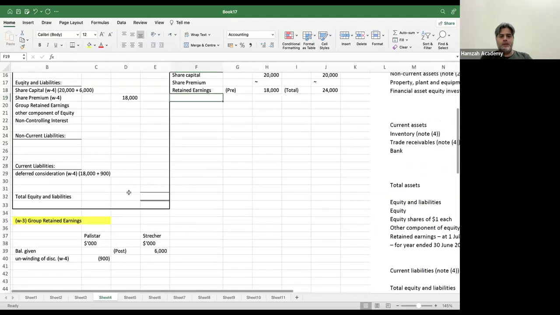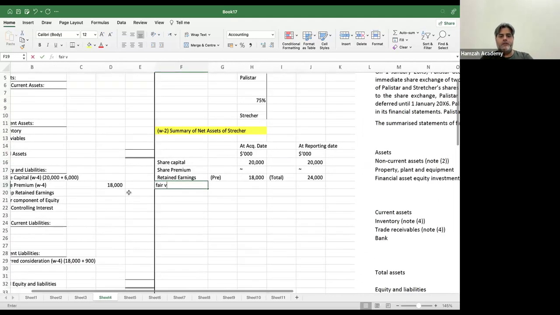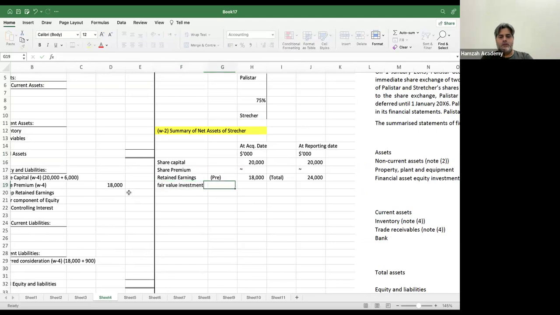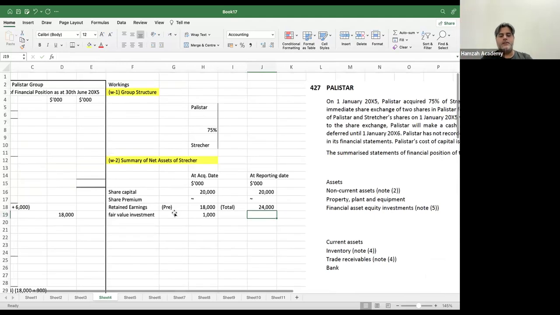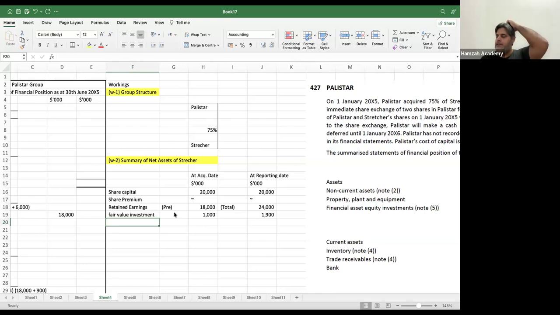So I'm going to write fair value investment by 1 million over here. And then at the year end, this value has increased to 7.9. So that's 1,900 over here, I mean, 1,000 for the original increase and then 900 for the 6 months increase, right?